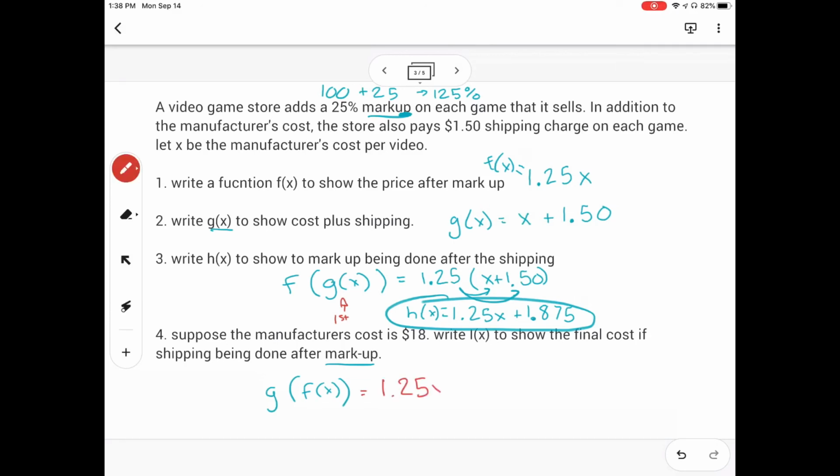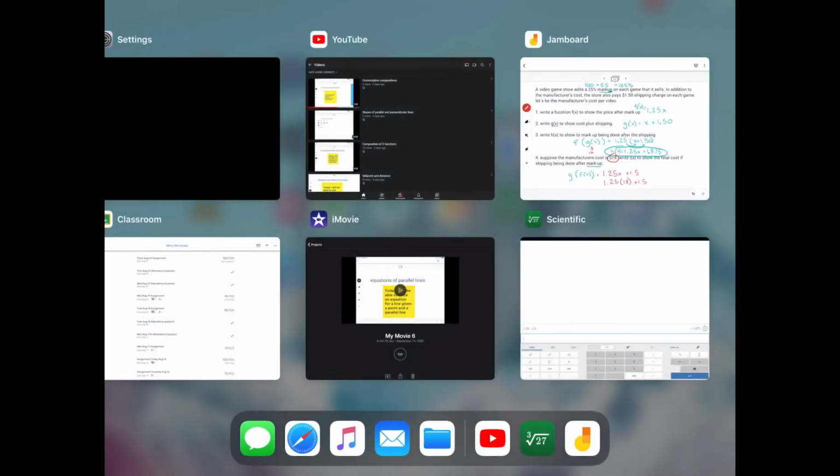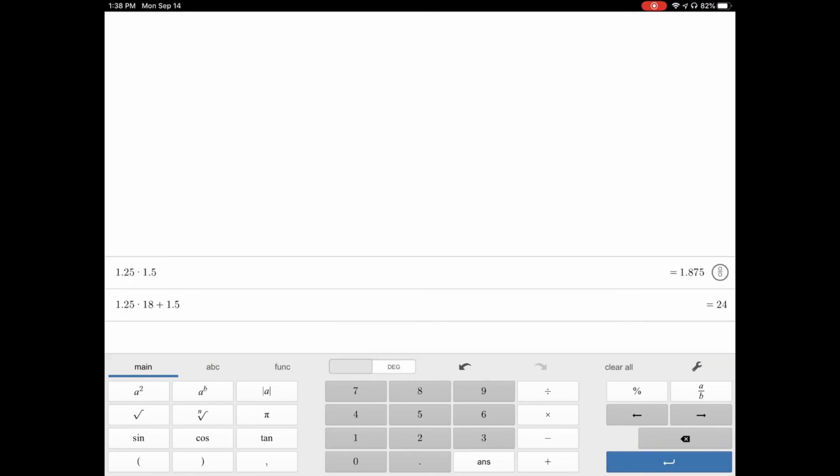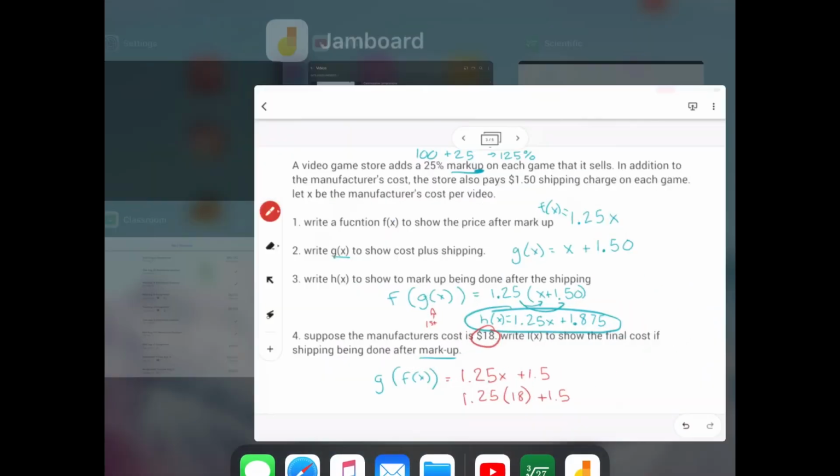So we end up with 1.25x plus 1.5. We want to know if it's $18, so we plug 18 in. 1.25 times 18 plus 1.5. $24.